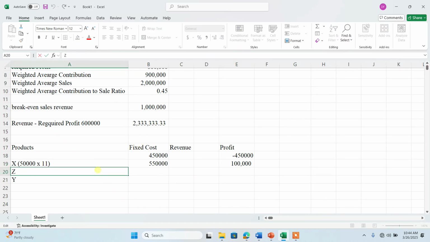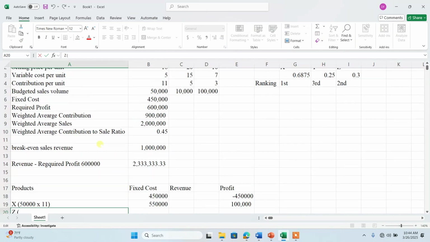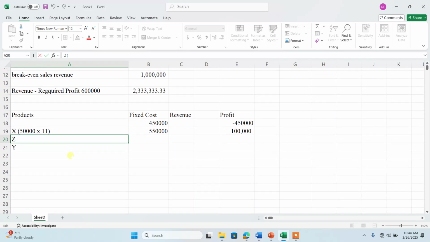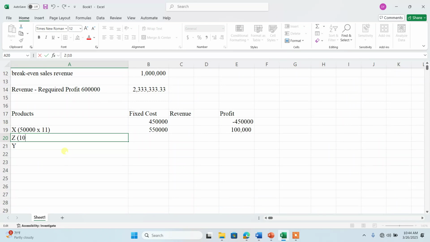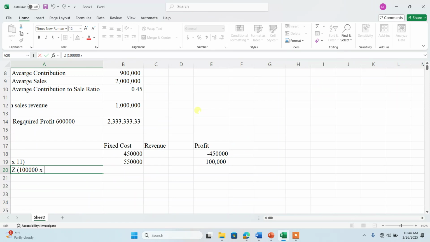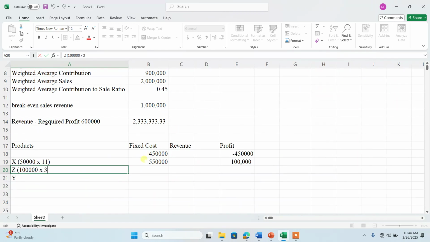Okay. Now, if I sold 50,000 of X plus now the Z, how many units of the Z are there? 100,000. Multiply by the contribution per unit of Z. It is 3. Now I have sold 50,000 of the X and 100,000 of the Z also.